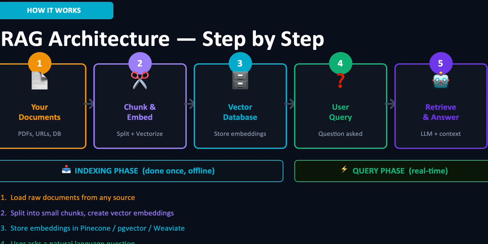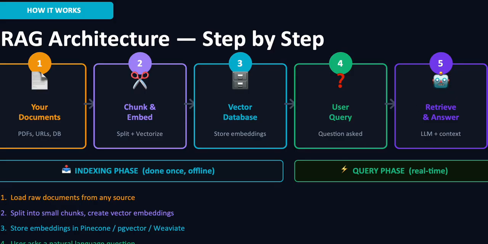Now, step 4 is the user query. Now a user asks a question. For example, how many vacation days do I get as a new employee? Now step 5, we retrieve an answer.